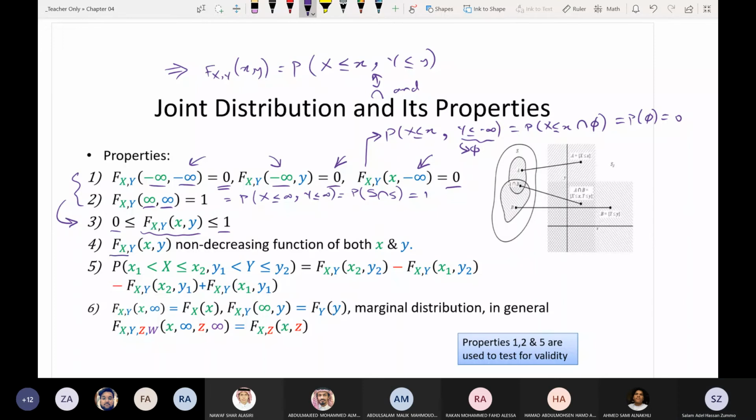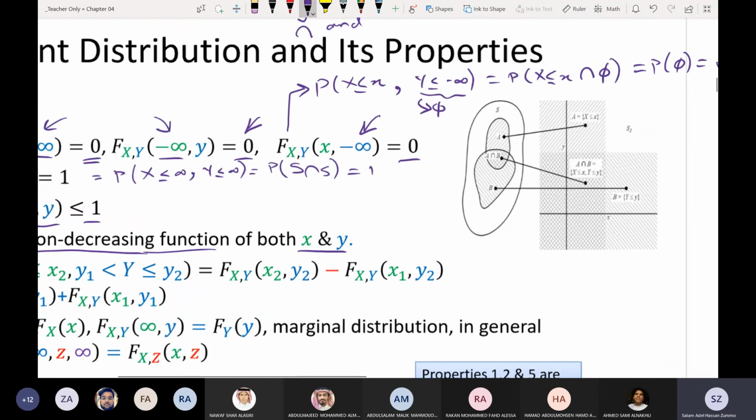Similarly, the joint CDF of x and y is a non-decreasing function in x and y. Why? Because every time I increase x, I either include more events or the same events, which has a probability that is either equal or larger.